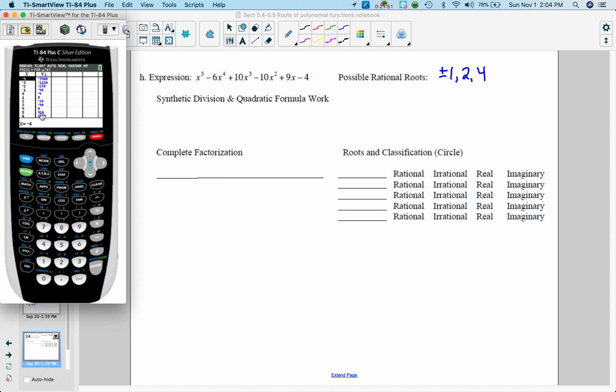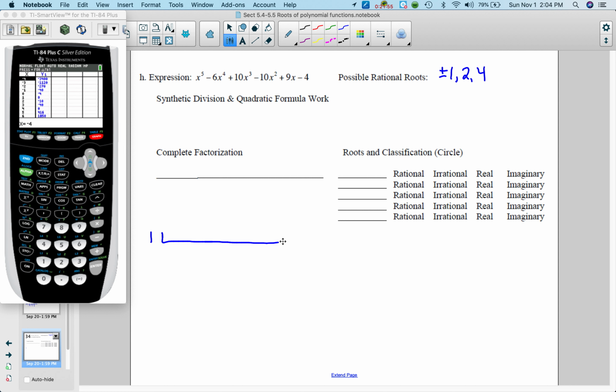I see that 1 works. I also see that 4 works. So I'm going to start with 1. Nothing skipped, so we're good there. Okay, so that worked, and then let's try the 4.